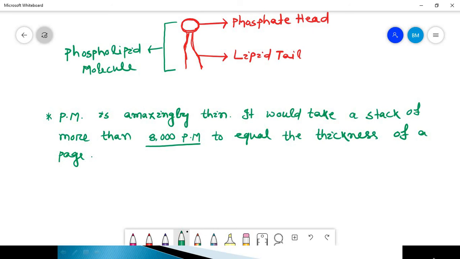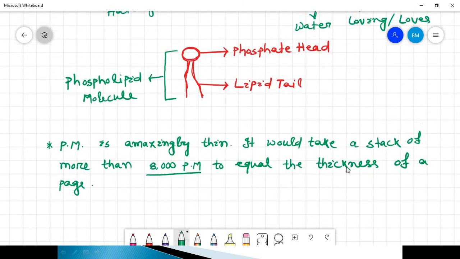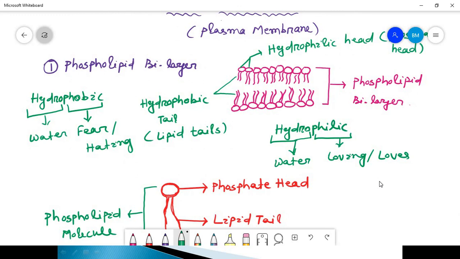Proteins are present in this plasma membrane bilayer and float. These are the proteins. Some float in the periphery, and some are just present like the channel proteins. They all have specific functions.